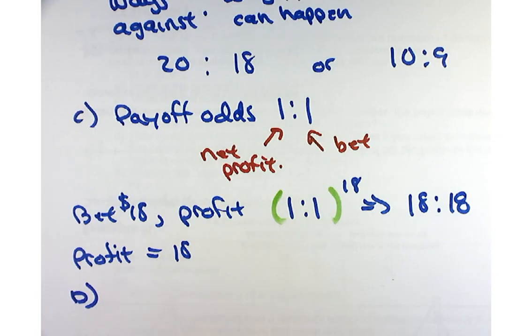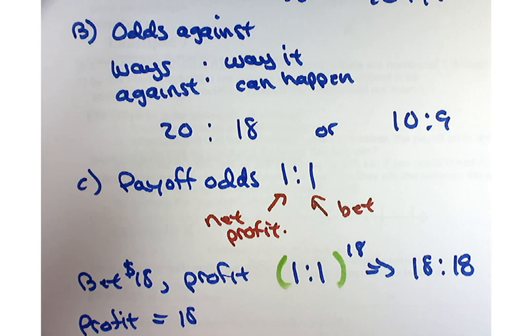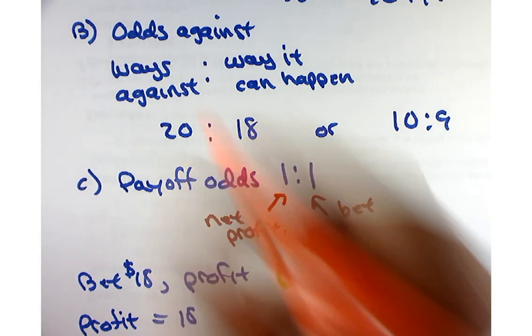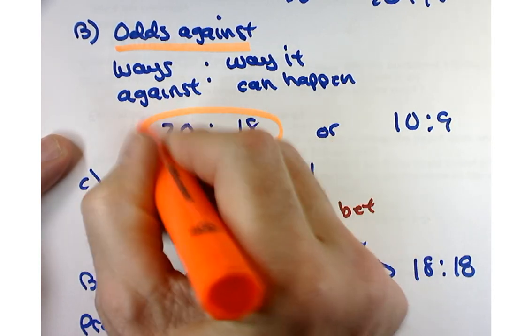Let's change things up though. How much profit should you make on an $18 bet if you could somehow convince a casino to change the payoff odds so that they are the same as the actual odds? So the actual odds against, that was our calculation up here. Odds against, or this one right here.